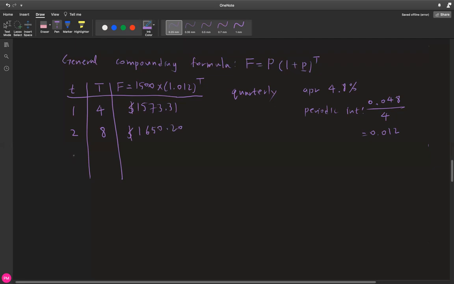And let's say on the 10th year, it's now going to be compounded 40 times because it's quarterly. So you're simply multiplying the number of years by the number of times it's compounded in a year. And that's going to be 2,417.2.